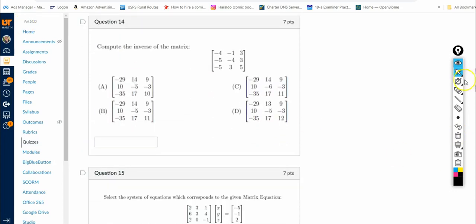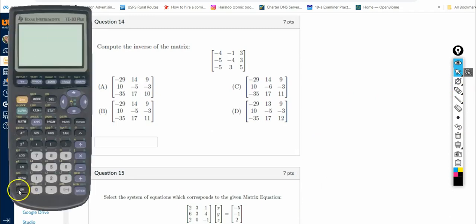All right, compute the inverse. This is 100% graphing calculator problem. All right, so let's get into the matrix menu, go over to the editor, and now we have a 3 by 3.